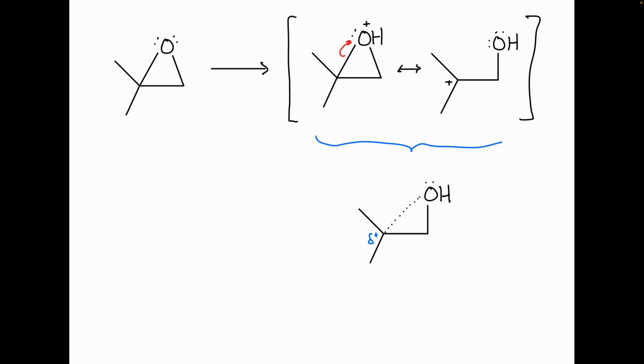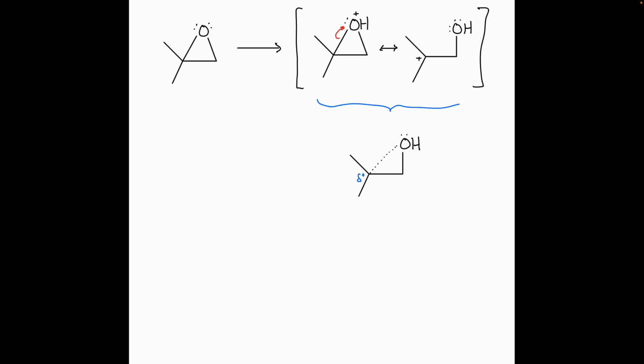All right, so because of that, if I have my tertiary epoxide and I react it with a nucleophile under acidic conditions, and again, how could I tell that this was an acidic conditions nucleophile here? Because it's not positive charge, but because it's neutral, right? If it's positively charged, it wouldn't be a nucleophile at all.